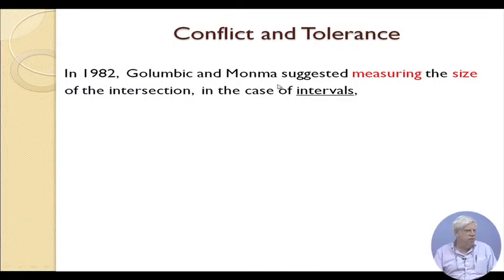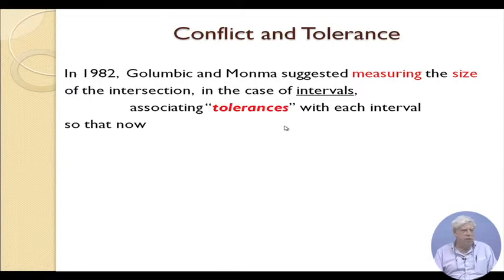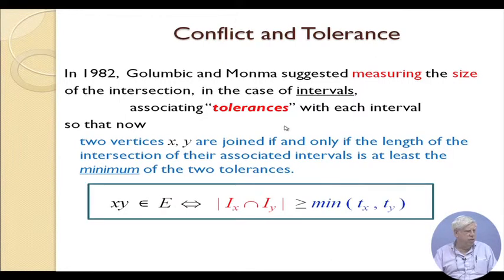So we suggested, Clyde and I, to measure the size of the intersection of intervals and associate a tolerance to each interval such that two vertices representing intervals will be conflicting or will be joined if and only if the size of the intersection associated with those intervals is at least the minimum of the two tolerances. In this formula, what does this mean?